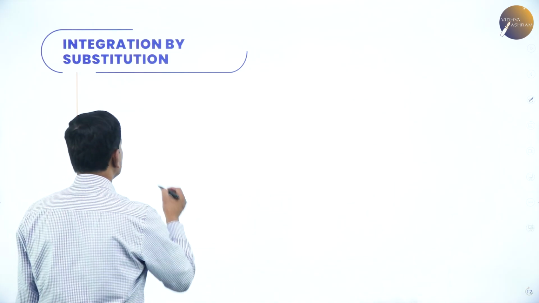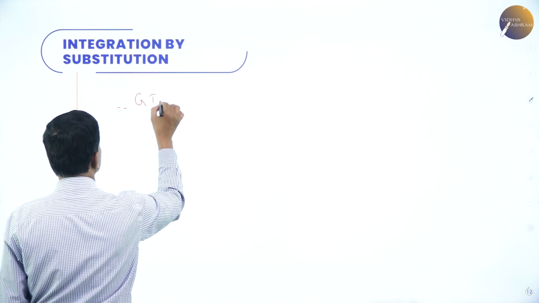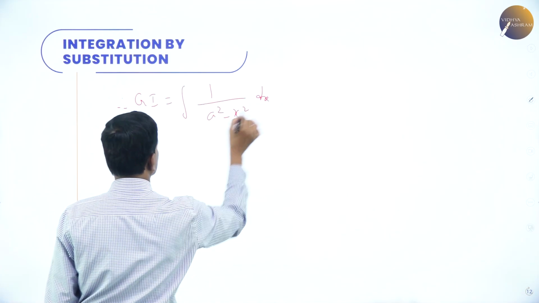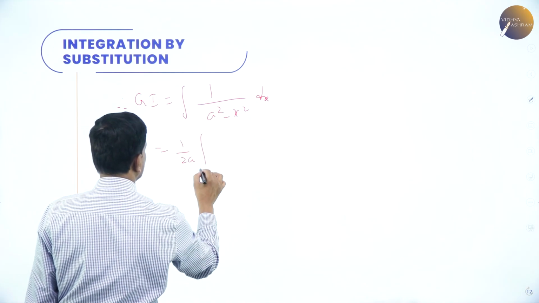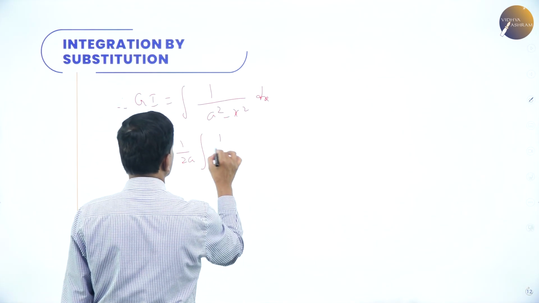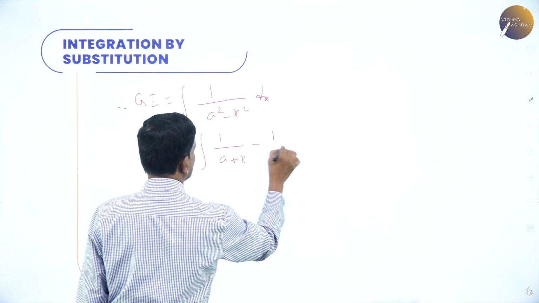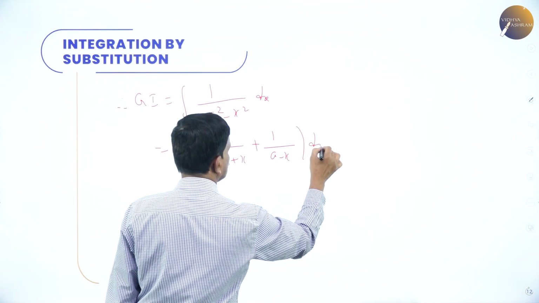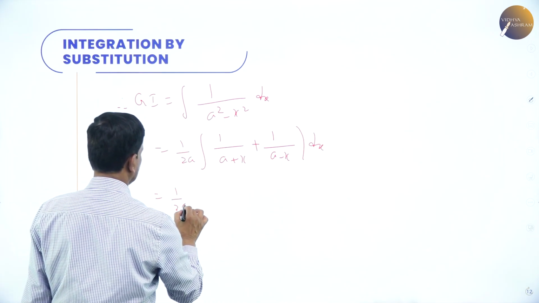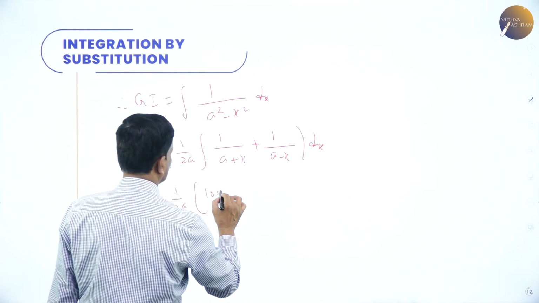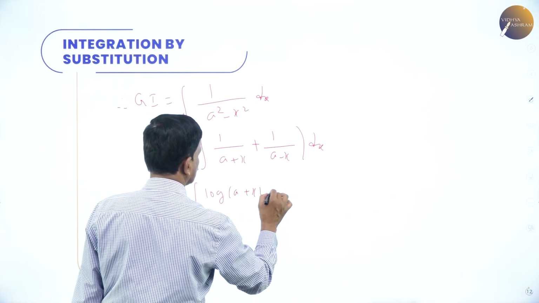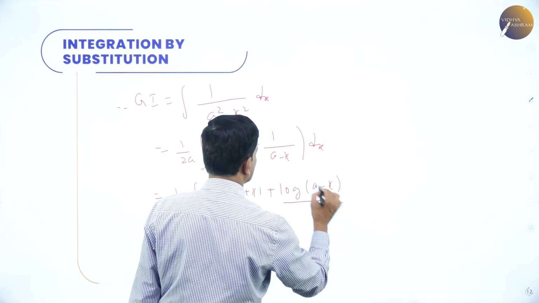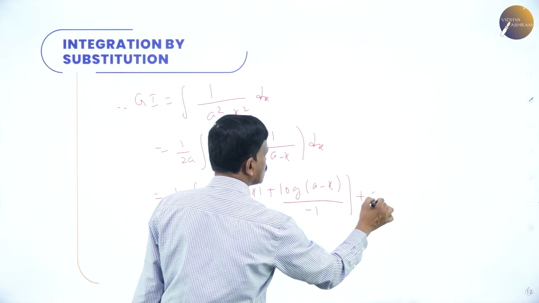So the given integral, 1 over a square minus x square dx, can be written as 1 over 2a times the integral of 1 over a plus x plus 1 over a minus x dx. Now this is 1 over 2a into the integration of 1 over a plus x, which is log of a plus x, plus the integration of 1 over a minus x, which is log of a minus x divided by the coefficient of x, which is minus 1, plus c.